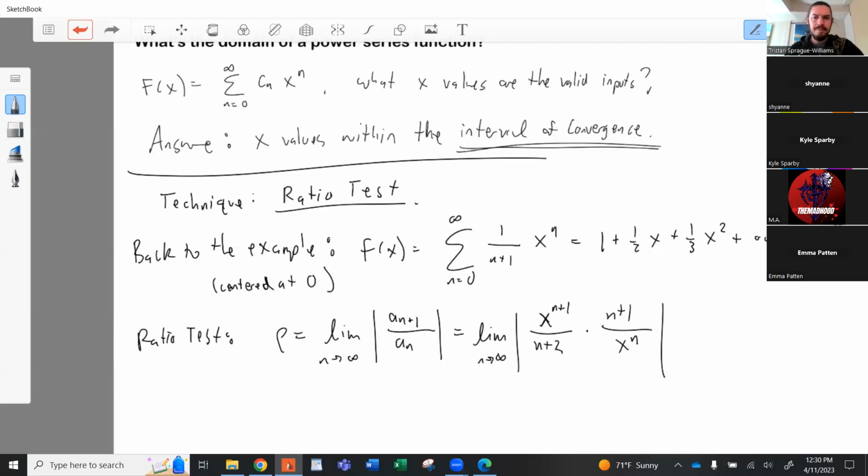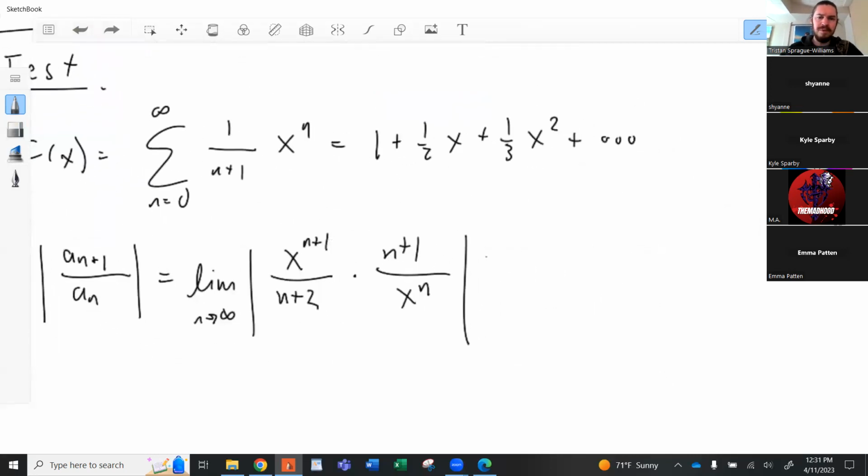But that doesn't mean it won't still be useful to us. We can simplify this. You'll notice in the ratio test that x to the n cancels, and we just have x in the numerator.